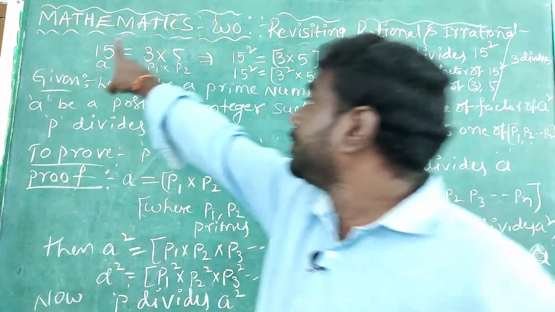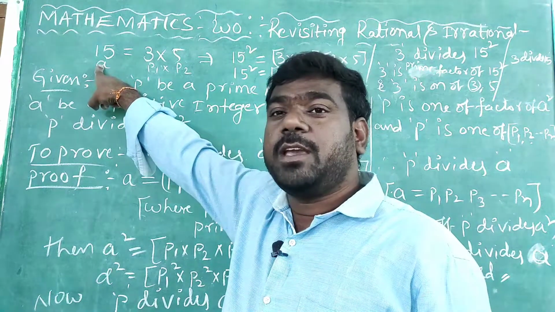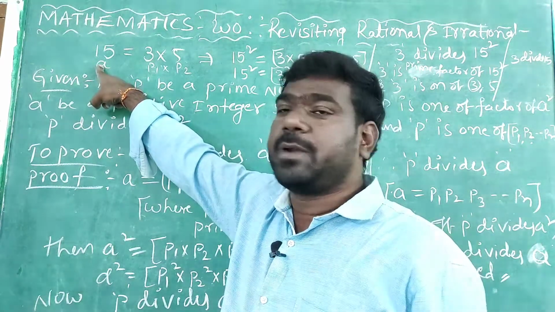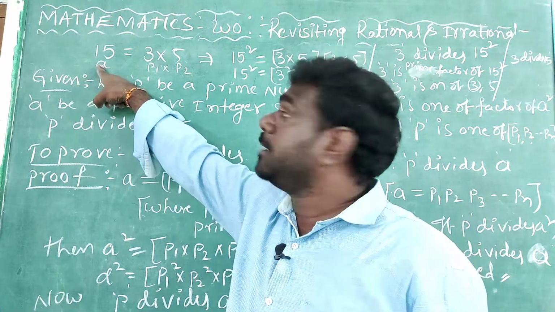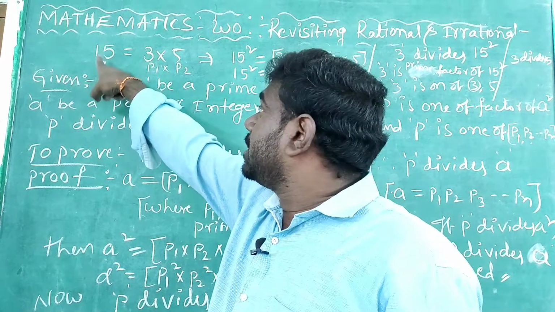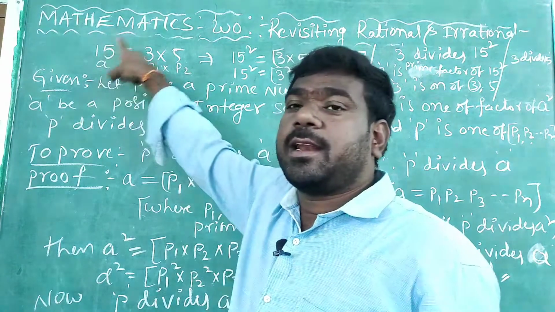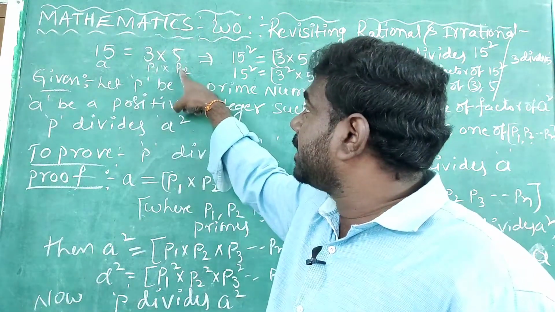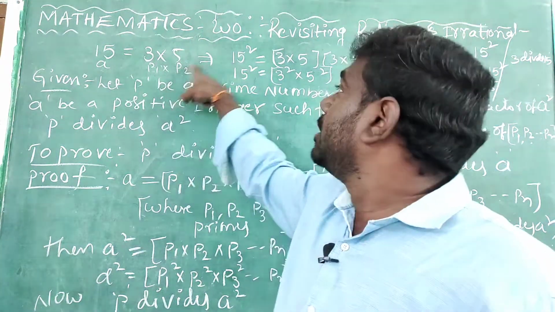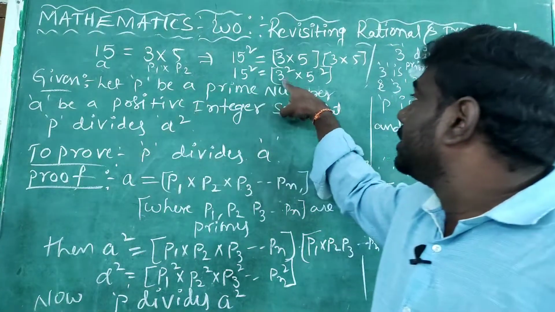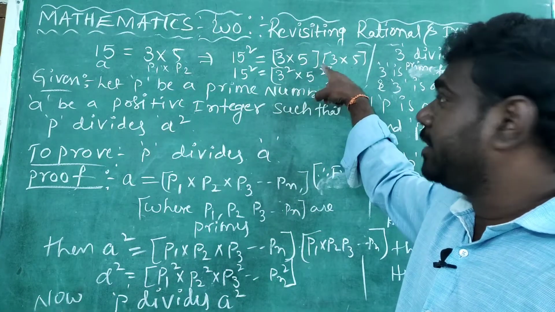Once more, let A be a positive integer and P be a prime number. How are we proving here? A I can write as a product of its prime factors, 3 into 5. Now A square means I can write 3 square into 5 square.